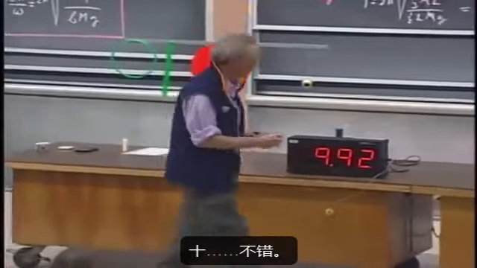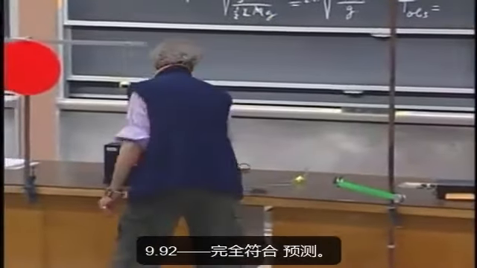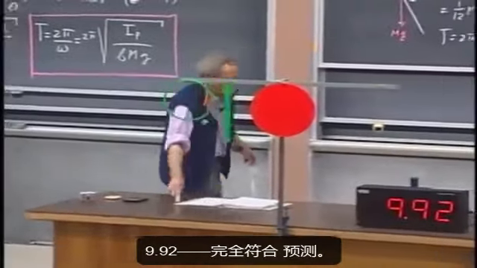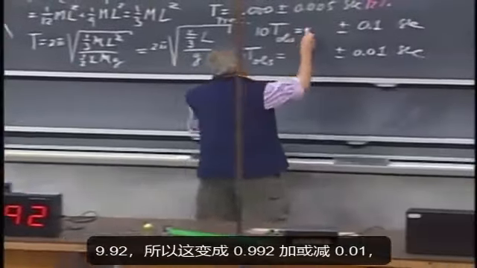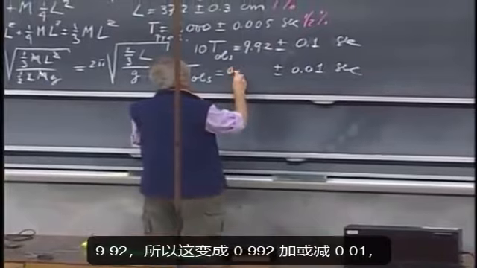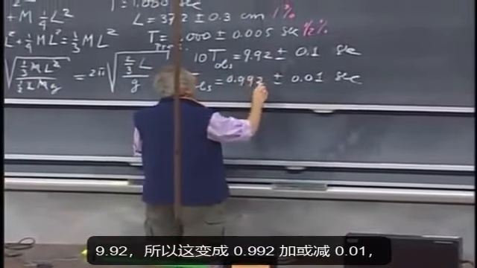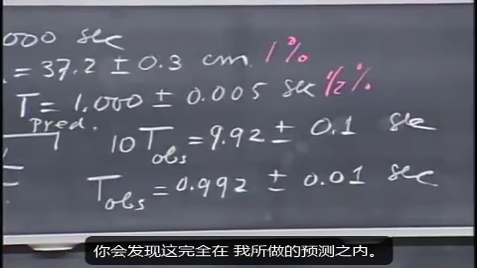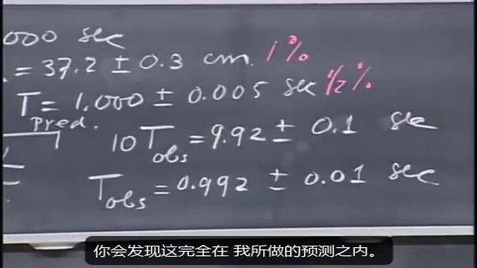Not bad. 9.92, well within the prediction. And so this becomes 0.992 plus or minus 0.01, and you see that is well within the prediction that I made.